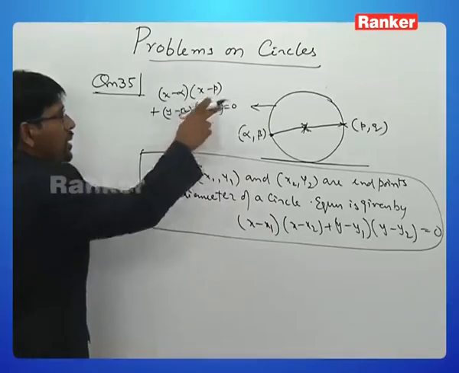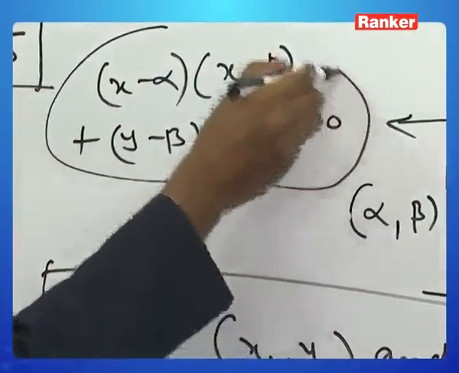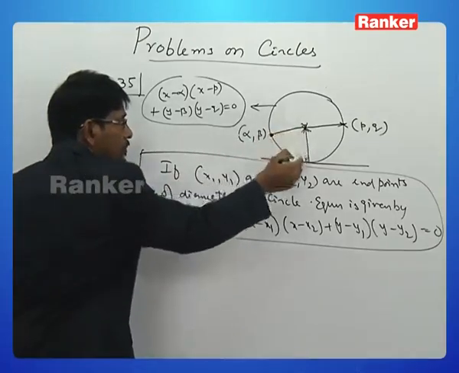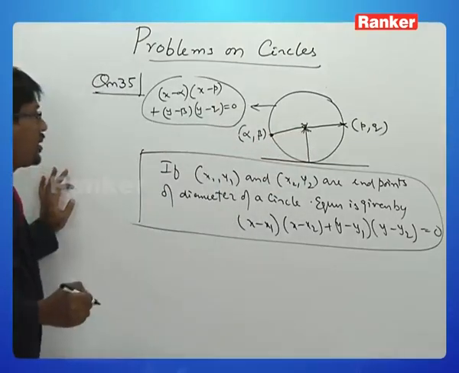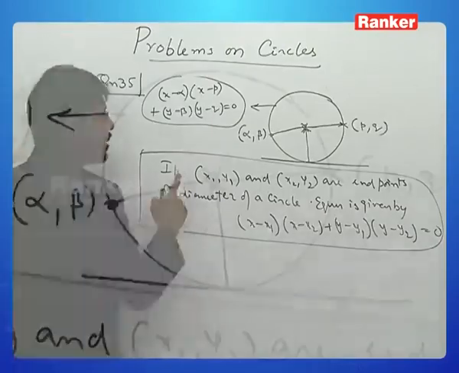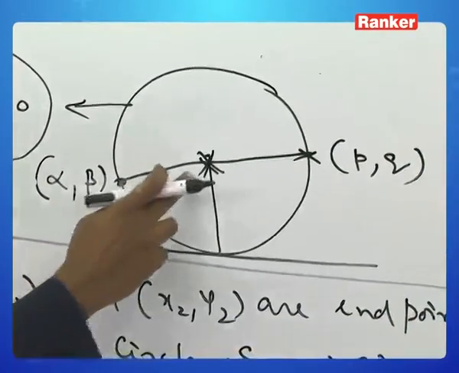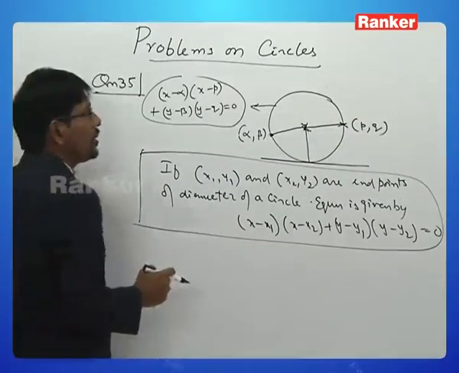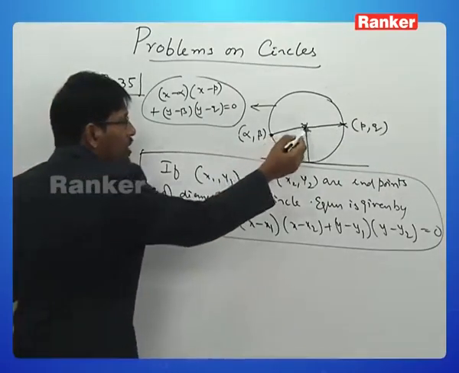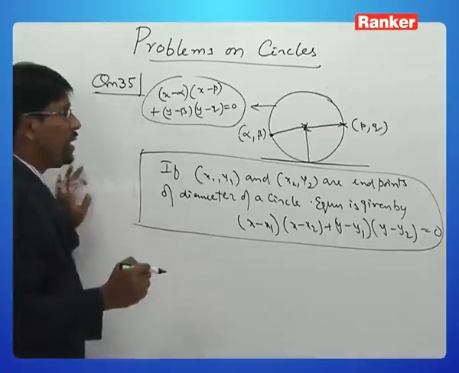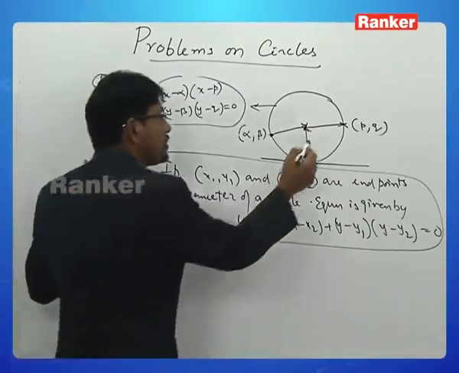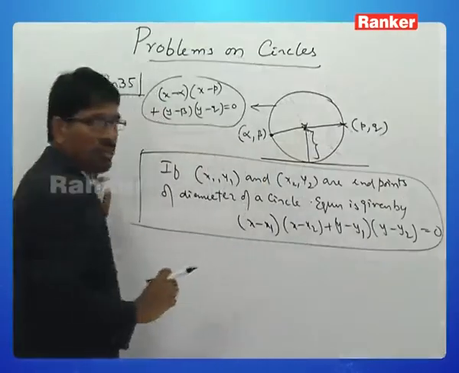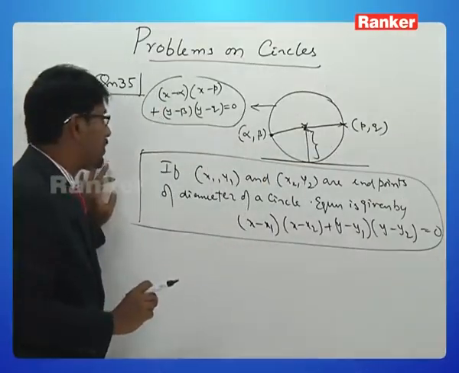Now for this circle to be touching the x-axis, what is the criterion here? Can we say that the modulus of the y coordinate of the center has to be the radius?